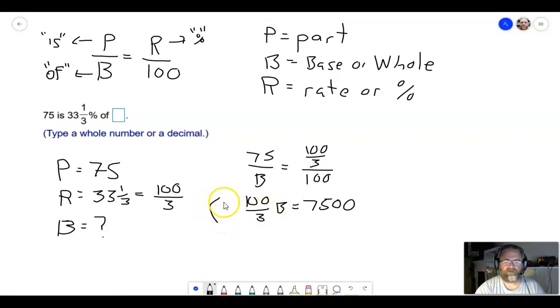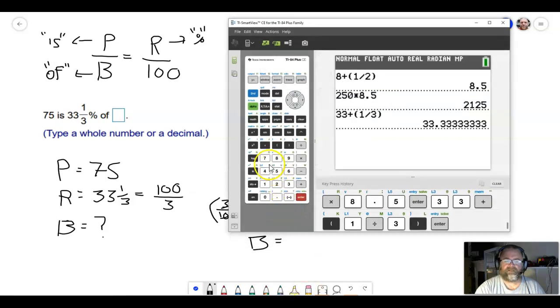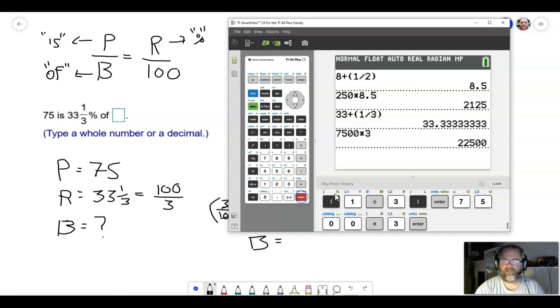So the reciprocal of 100 over 3 is just 3 over 100. And then you have to do the same thing to the other side, 3 over 100. What that'll do is the 100 will cancel out, the 3's will cancel out, you're just left with your B. And that's going to be equal to, and then we're going to multiply fractions, so you do the tops. So 7,500 times 3 is going to be 22,500.